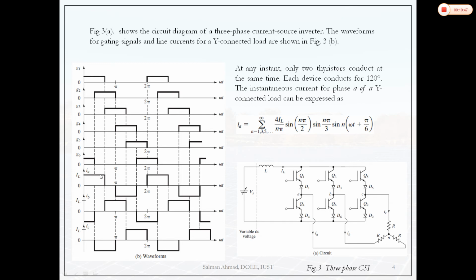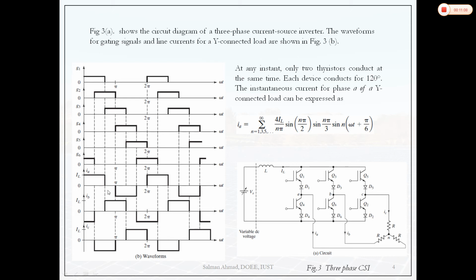So IA, you can see here, it is positive when Q1 is conducting and Q6 is conducting. So you can see here, Q6 is conducting and Q1 is conducting. So if you take this intersection, IA is positive. So in these two intervals, actually IA is positive.